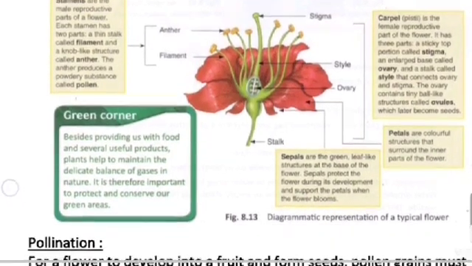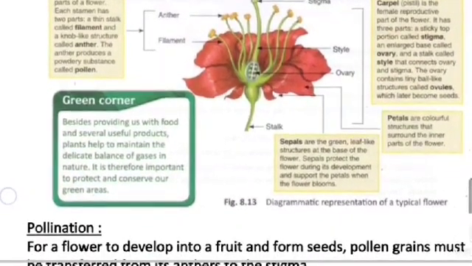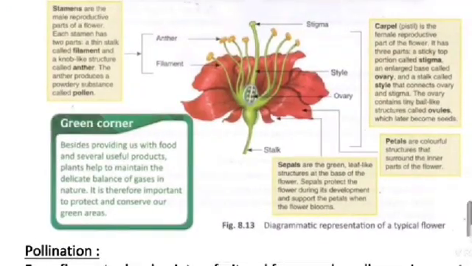Petals are colorful structures that surround the inner part of the flower. Sepals are the green, leaf-like structures at the base of the flower. Sepals protect the flower during its development and support the petals when the flower blooms.